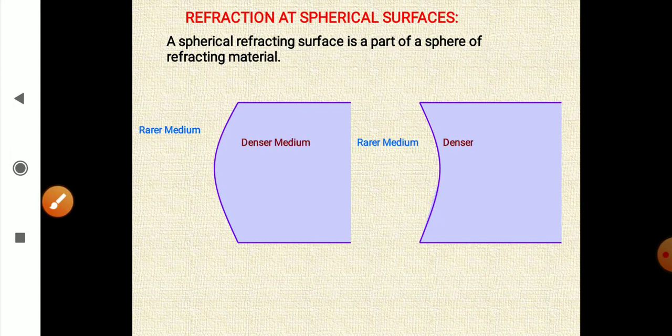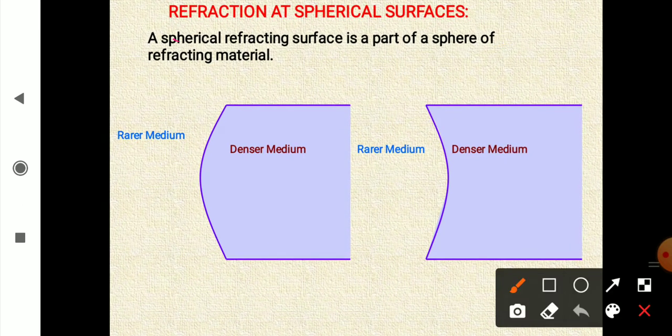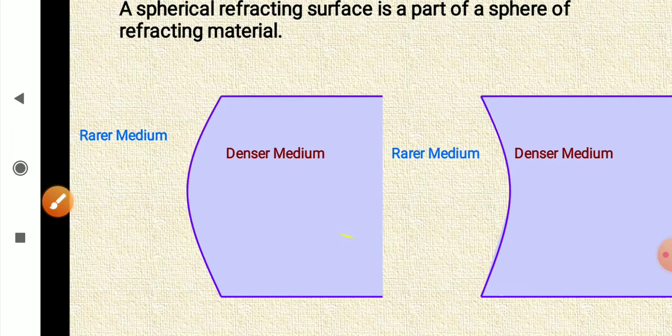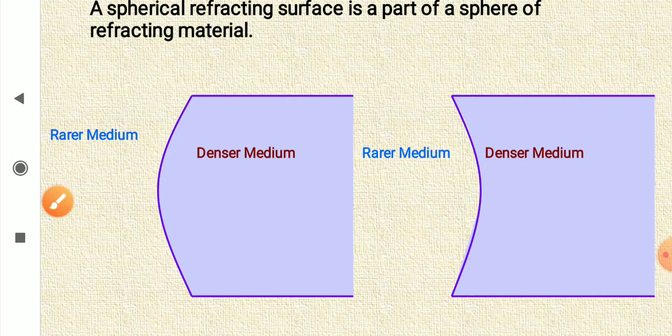So, you can see that a spherical refracting surface is a part of a sphere of refracting material. Here we have shown this as denser medium, this is rarer medium. It can be air.